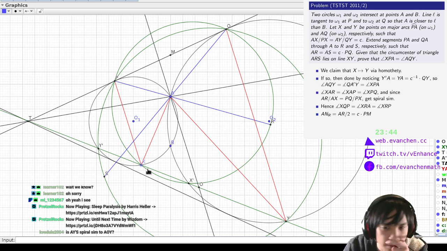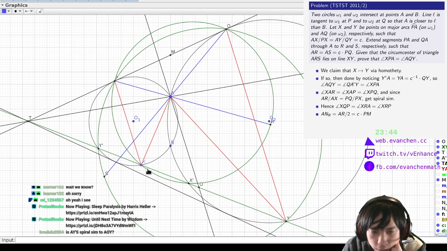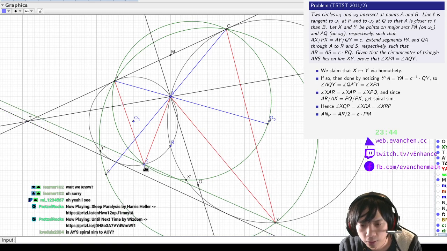Is A Y' S spiral similar to A O Y? Oh, that would be so nice if it was true.